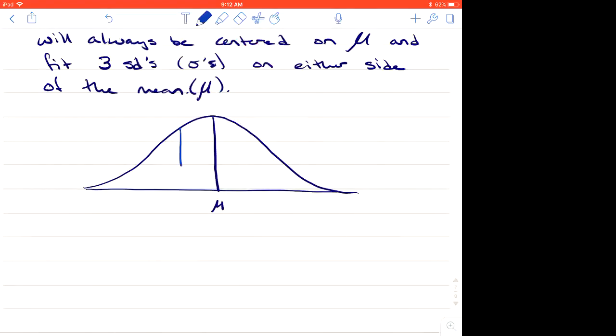And then, just as a fact, we can fit 1, 2, 3. That one should have been a little bit closer. And then 1, 2, 3.